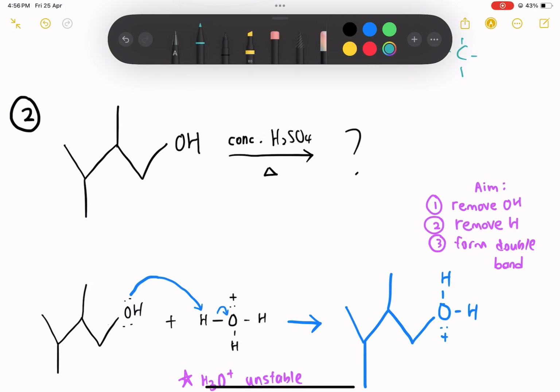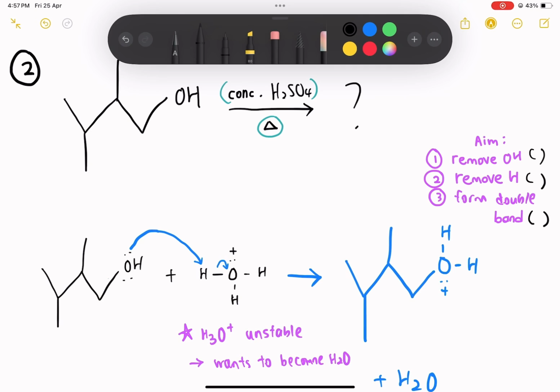Given this structure is reacted with concentrated H2SO4 under the condition heat, what will we form? So the same aim, we will need to remove OH first, followed by H, and then we form double bond. First, concentrated H2SO4 dissolves in water to form H3O+, and then H3O+, the original version is H2O, right?